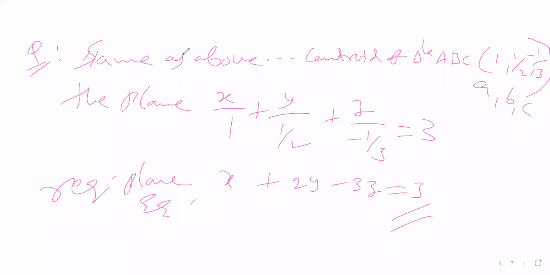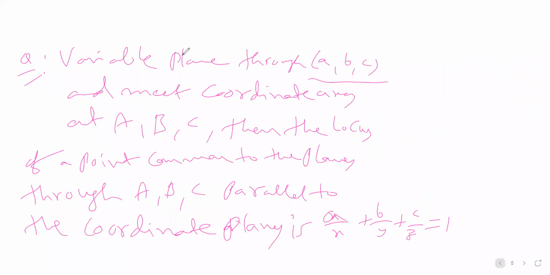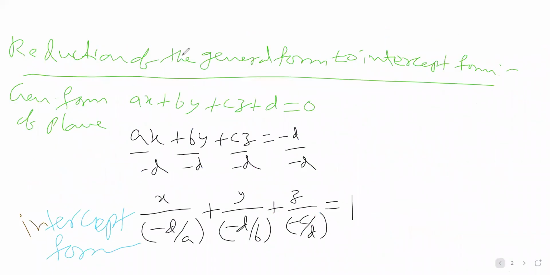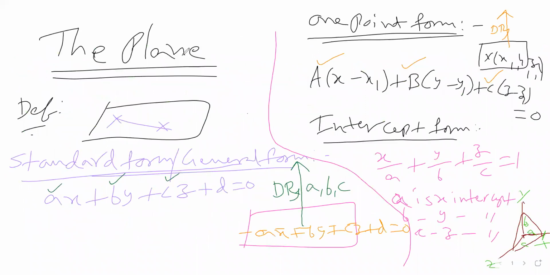So far we have discussed the general form of the plane equation, then the one point form and the intercept form. We discussed 3 forms. The general form is ax plus by plus cz plus d equals 0.